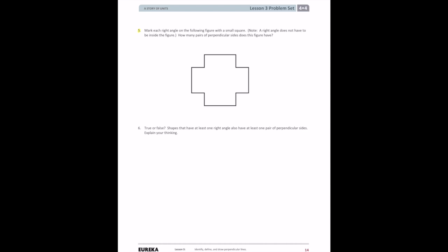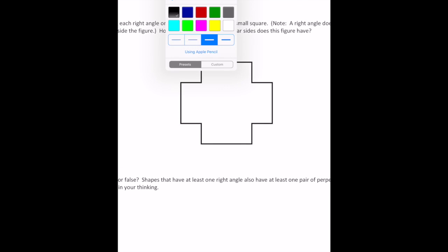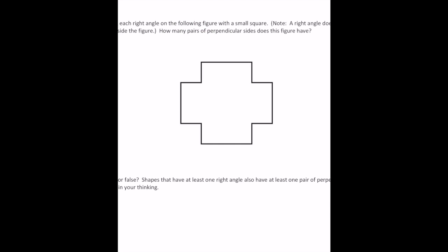All right. I'm going to choose to do number 5 because I think that covers the majority of it. So mark each right angle on the following figure with a small square. Okay, because the small square represents a right angle. A right angle does not have to be inside the figure, so they're giving it away. And how many pairs of perpendicular sides does the figure have? All right, so we can confirm that. We're going to go ahead and use red again. And here they all are. There's one there.